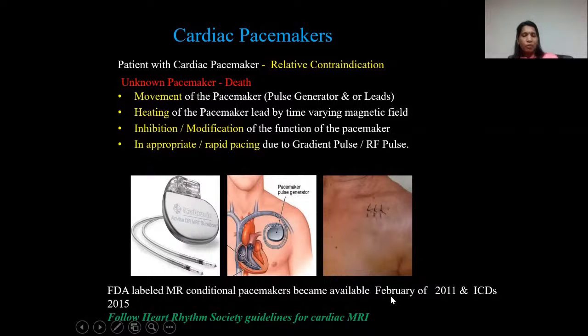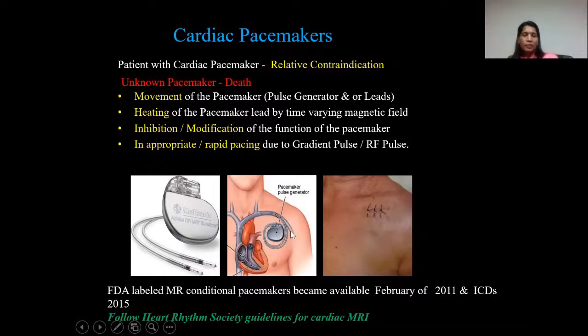Now, from 2011 onwards, MR conditional pacemakers, and from 2015 onwards, MR conditional ICDs are available. Now we have the data about patients who have undergone MRI with conditional and non-conditional devices. Now the cardiac pacemaker is a relative contraindication.